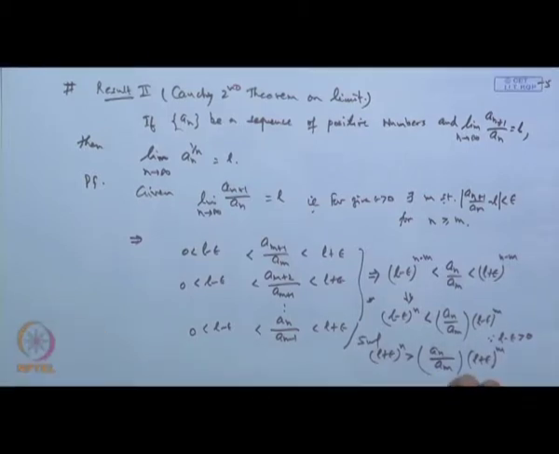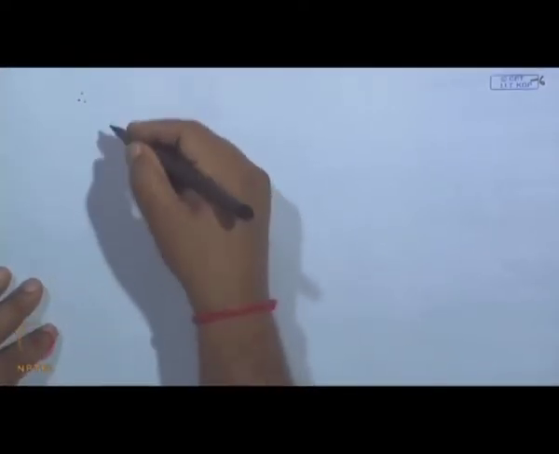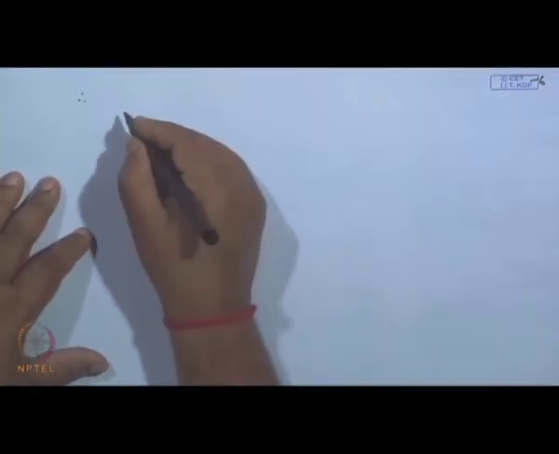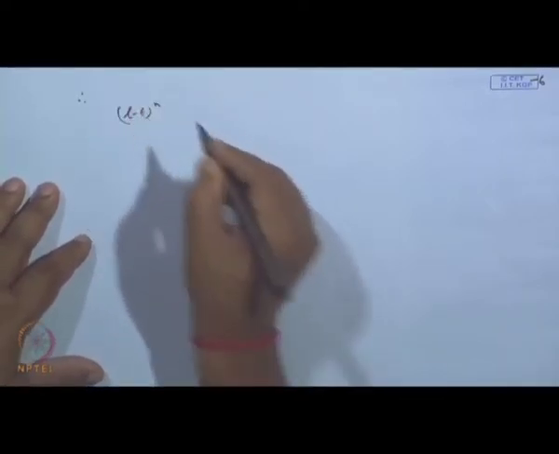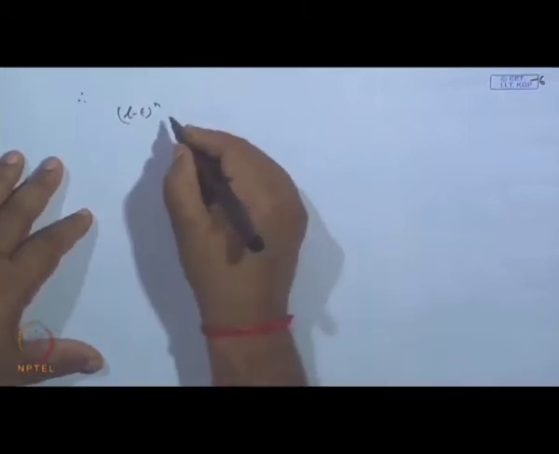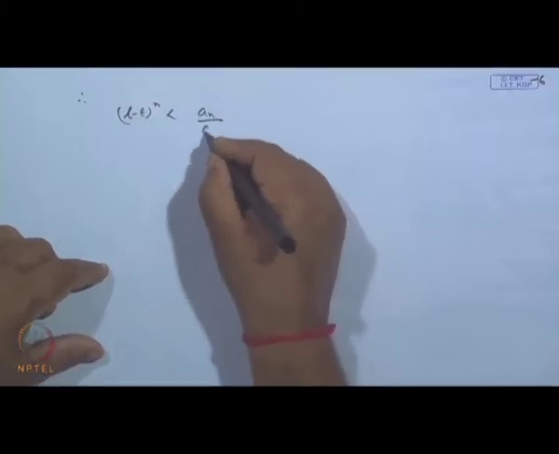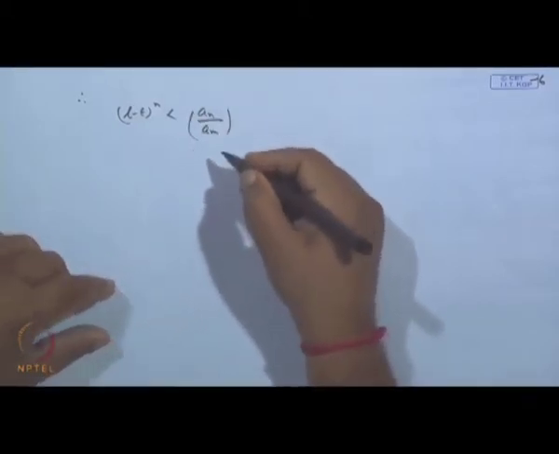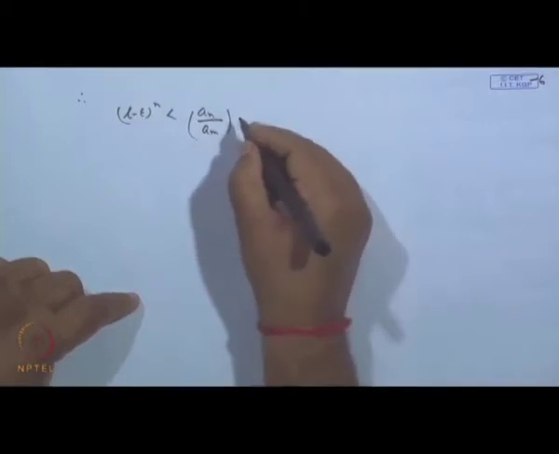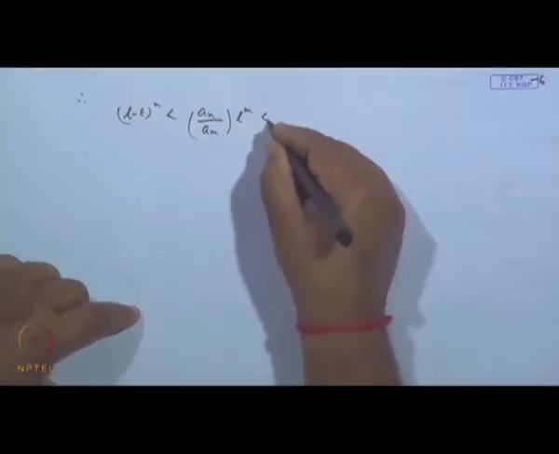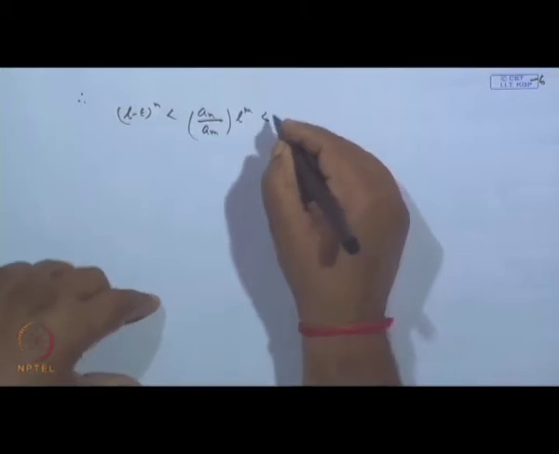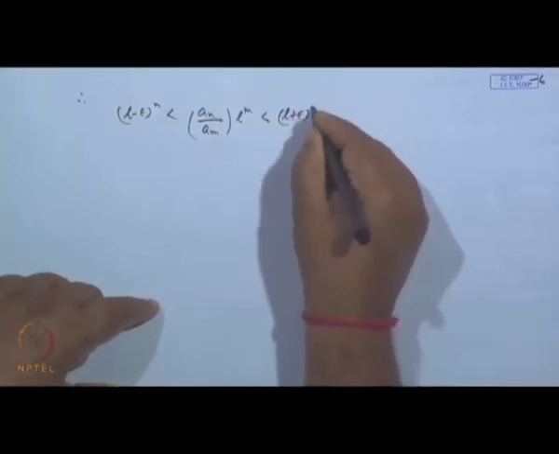This is a n by m. So now from here, what we get is L minus epsilon to the power n is less than a n over a m, times L to the power m, which is less than L plus epsilon to the power n.